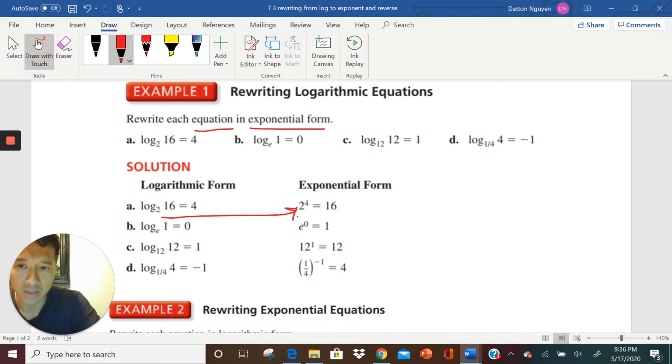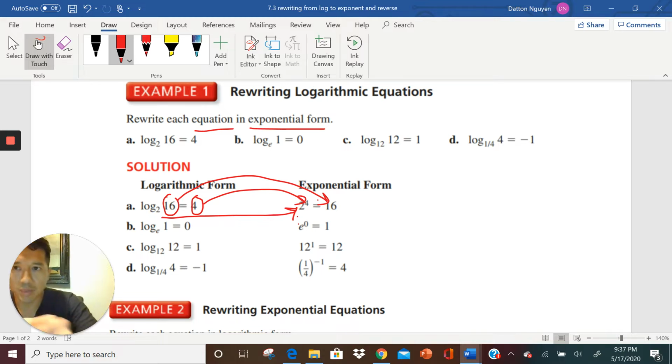What am I raising that number to? The 4 is the exponent, and obviously 16 here is the answer in exponent form. So log base 2 of 16 equal to 4 means 2 to the 4th power equals 16.